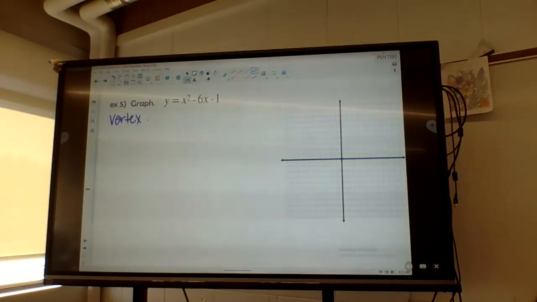And on your chart, you should have put the formula x equals negative b over 2 times a. And I mentioned it when we were making the chart, you might start to notice that's part of the big quadratic formula, so that's not a coincidence. So that doesn't just come out of nowhere. But I like listing what A, B, and C are. So A is 1, B is negative 6, and C is negative 1.